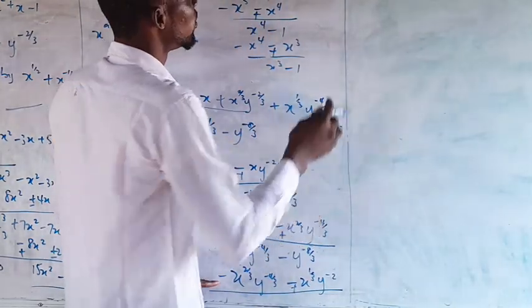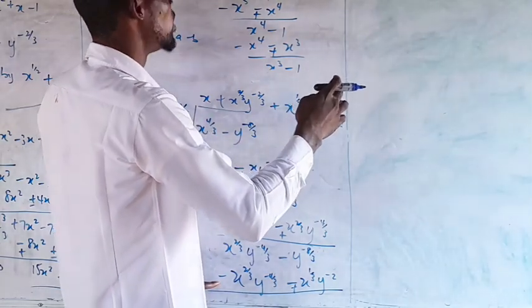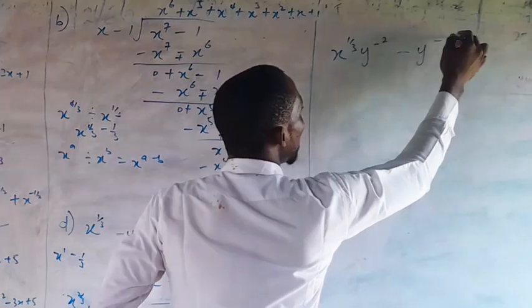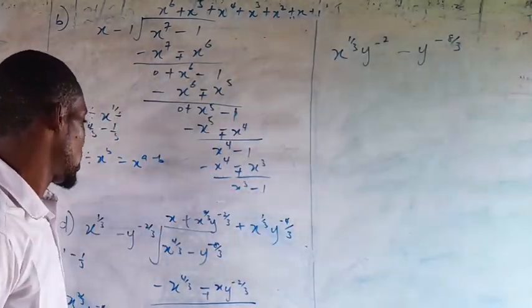Then what remains? Minus y raised to power minus 8/3. That's what remains.